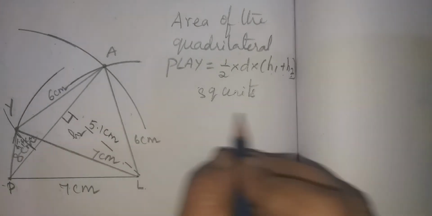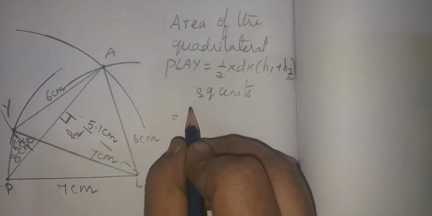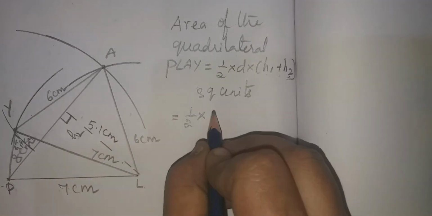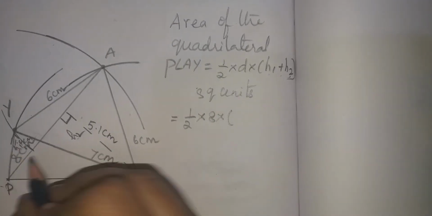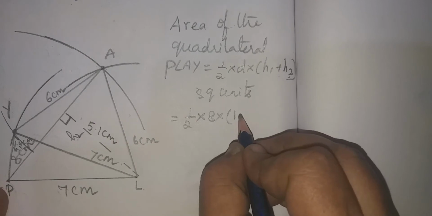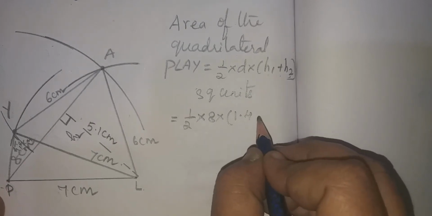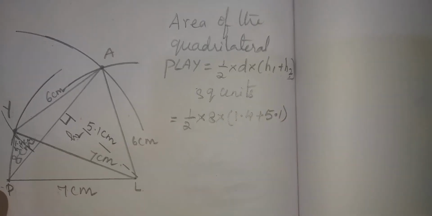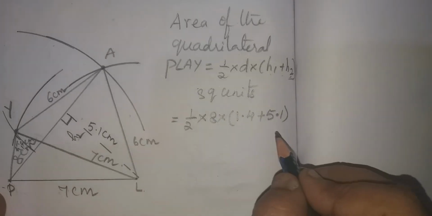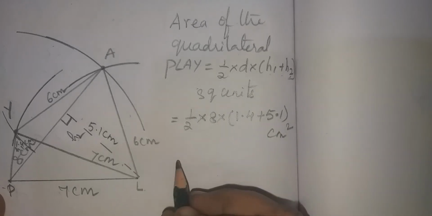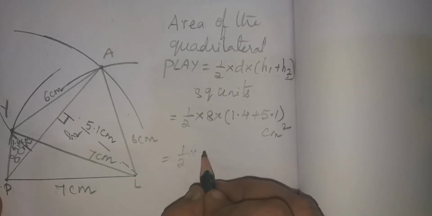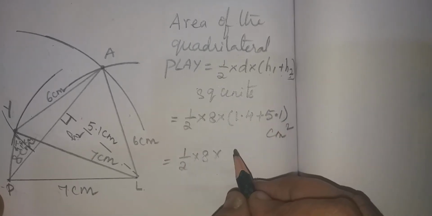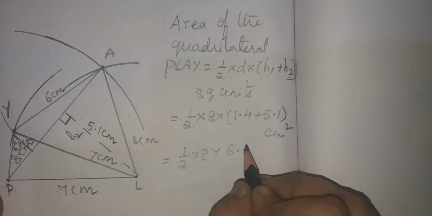So we can find the area of this quadrilateral. It is equal to half into diagonal 8 centimeter into h1 is 1.4 plus h2 is 5.1 centimeter square. You can write the units centimeter square. It is equal to half into 8 into 1.4 plus 5.1 is equal to 6.5.